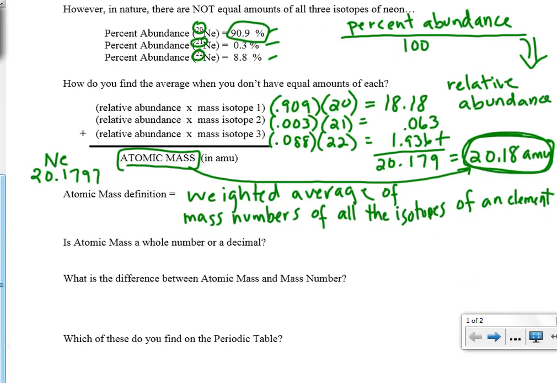The atomic mass will not be a whole number. In most every case, it ends up being a decimal, and it's an average. So it's okay that it's a decimal.